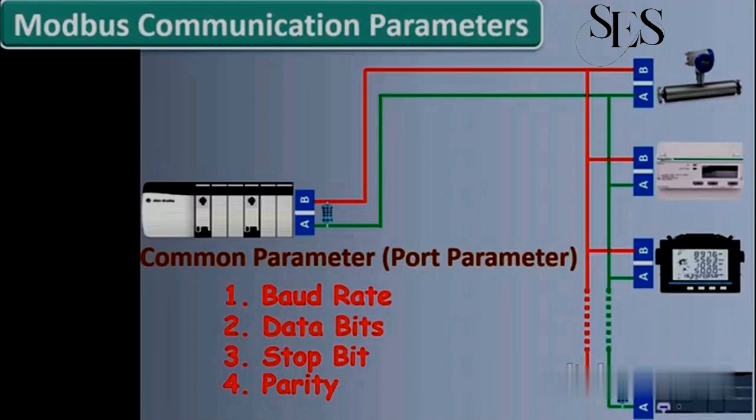For example, all the devices must have a baud rate of 9600 bits per second, 8 data bits, 1 stop bit, and parity none. Usually these are the default values, but they can also be changed.